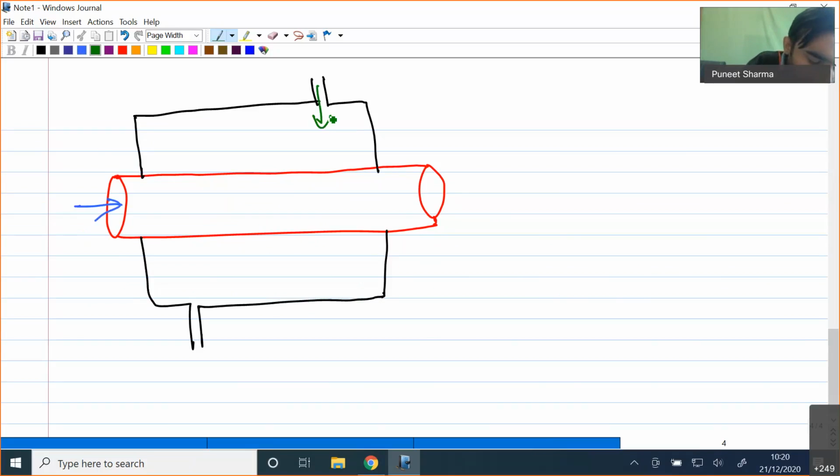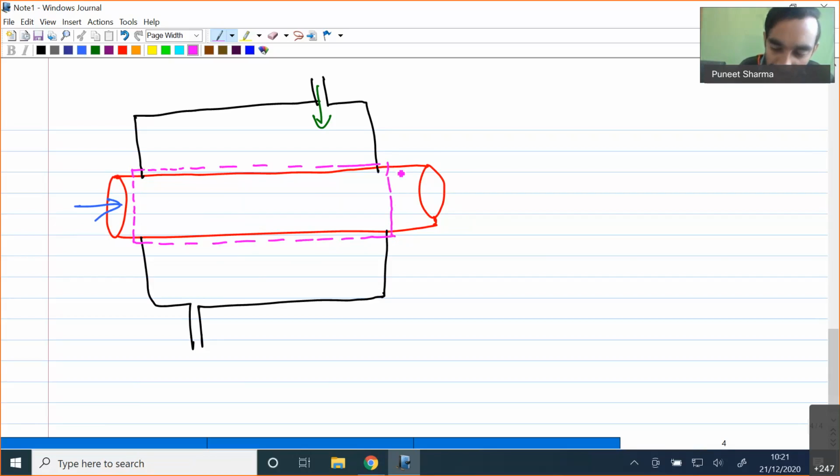But now, instead of considering the entire heat exchanger as my control volume, if I take only this internal pipe volume as my control volume, what will be happening?